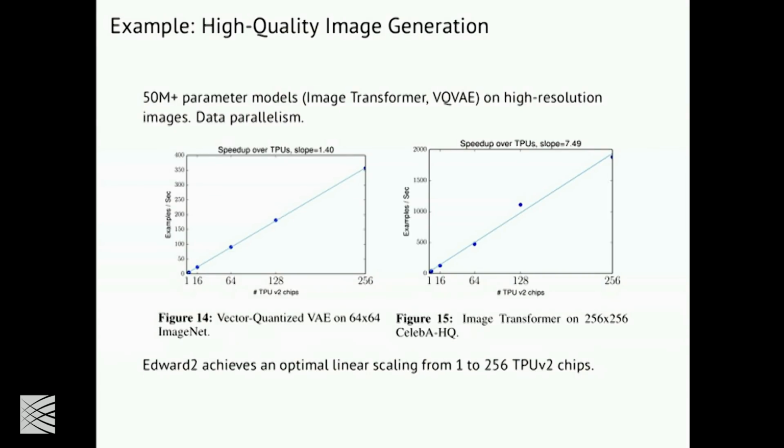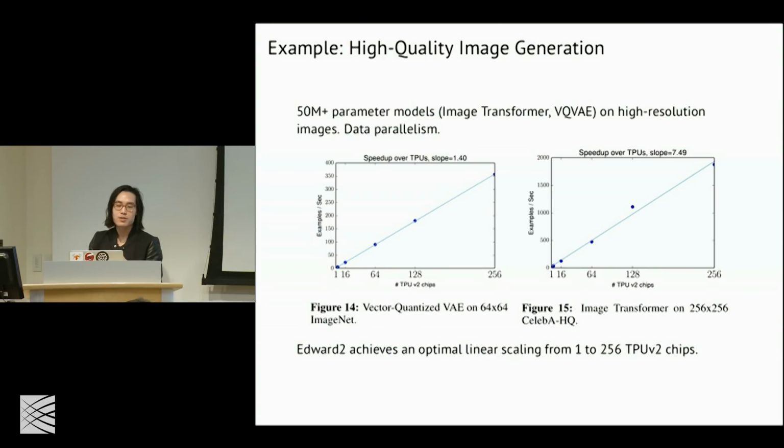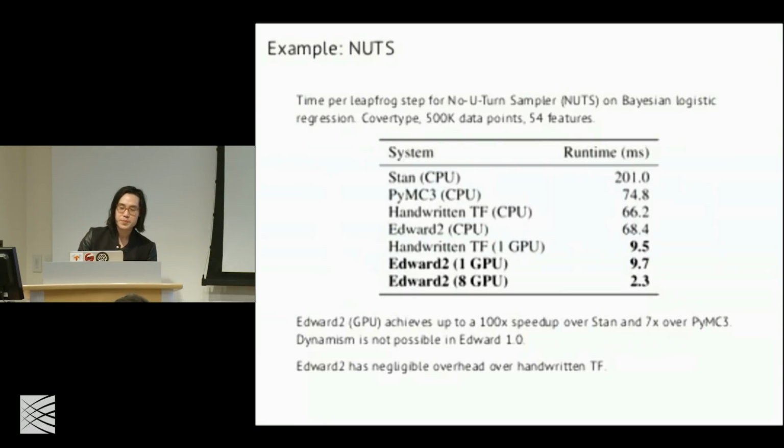So what I'm showing you here is examples per second on the y-axis and the number of TPU cores or chips as we increase them. And the optimal linear scaling here is that, like, if you double the number of TPU chips, you should double the number of examples per second. And that's something that we actually do see, which is nice.